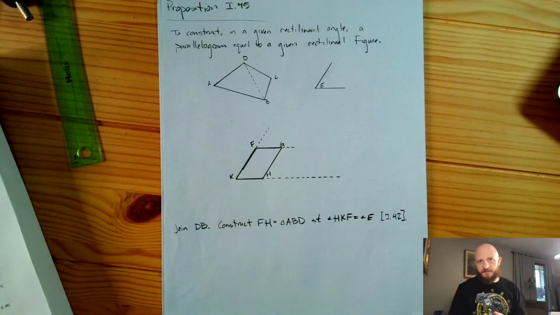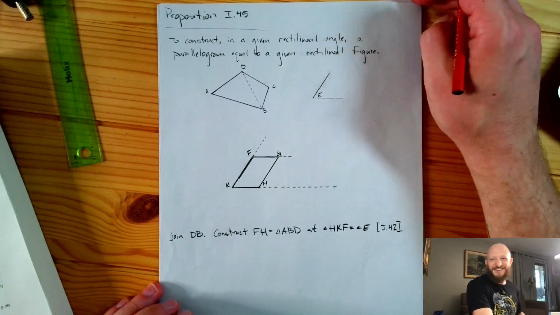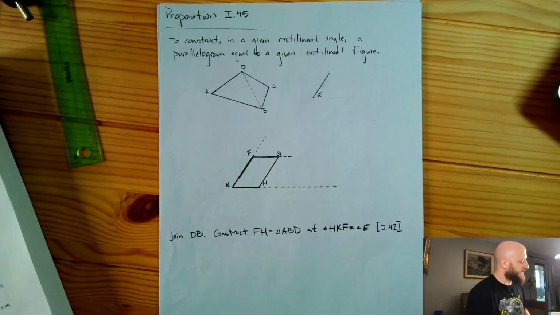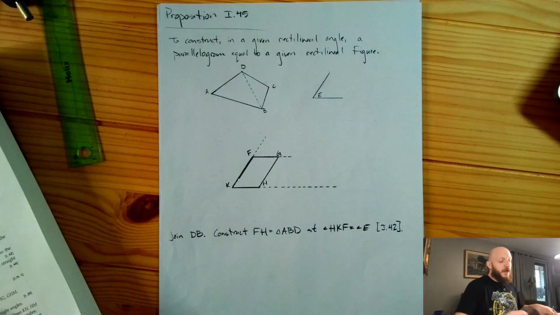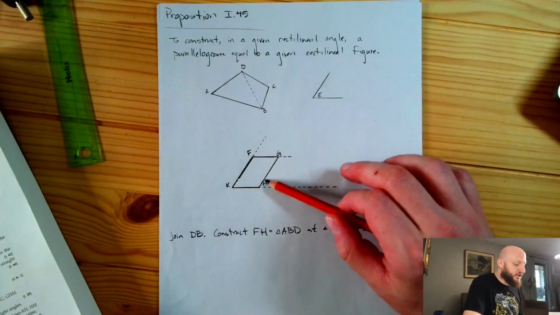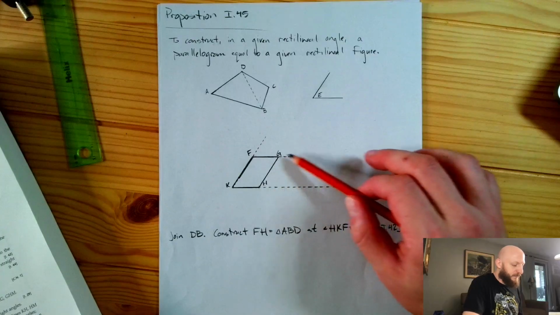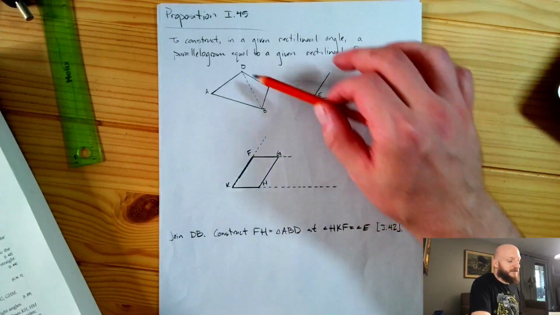And then the next step is the step where the logic of it is not hard, but trying to make the diagram accurate is a little bit trickier. So the next step is, I'll just read it: let the parallelogram GM equal to the triangle DBC be applied to the straight line GH in the angle GHM, which is equal to E. So in other words, the next step, which is really the last step of the construction, is off of GH, we want to make another parallelogram, between these two parallels, such that that parallelogram is equal in area to BCD, right?